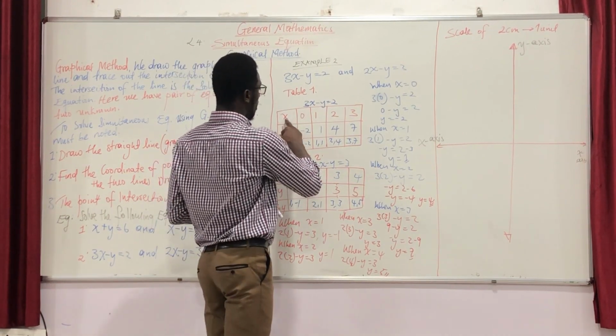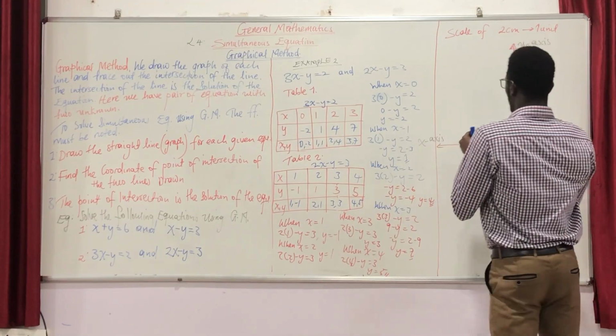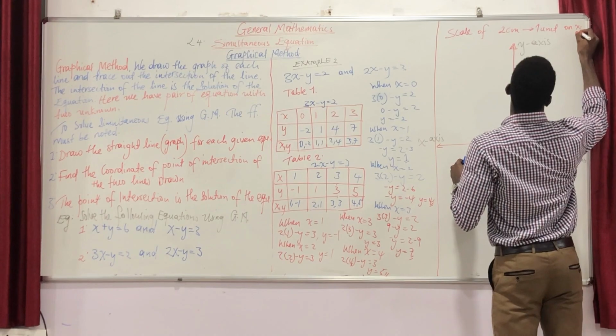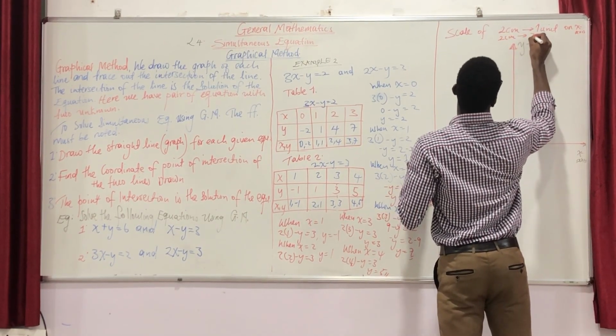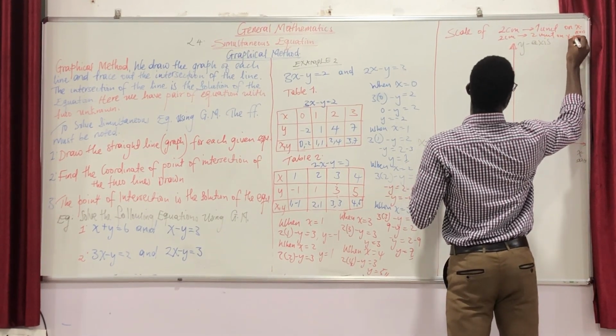For the x, again this scaling you can say 2 centimeter to 1 unit on the x-axis and 2 centimeter to 2 units on the y-axis. This again is possible.